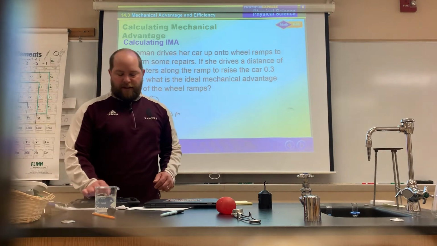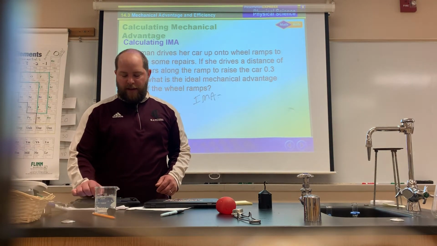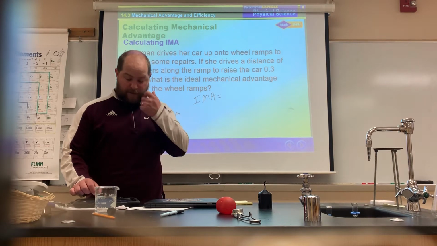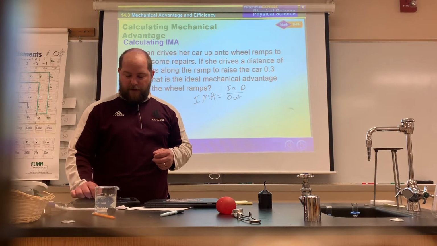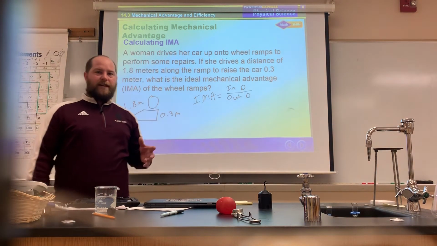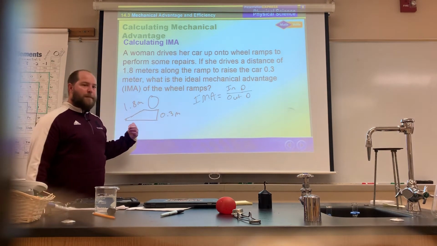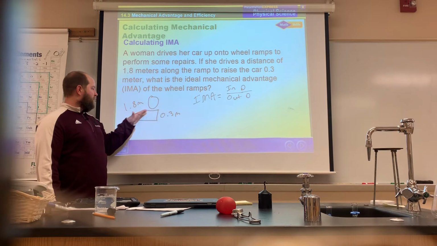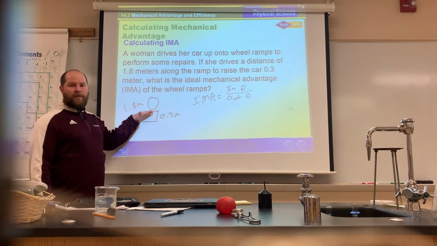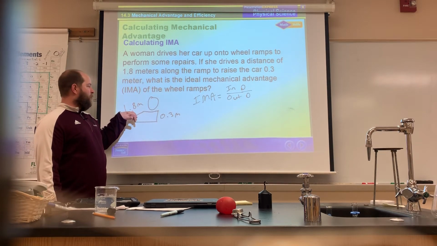So we're going to calculate the IMA, and for the IMA we need the input distance divided by the output distance. If you're thinking about this wheel ramp system, what is the input distance? It's how far she's putting into the ramp, which is 1.8.